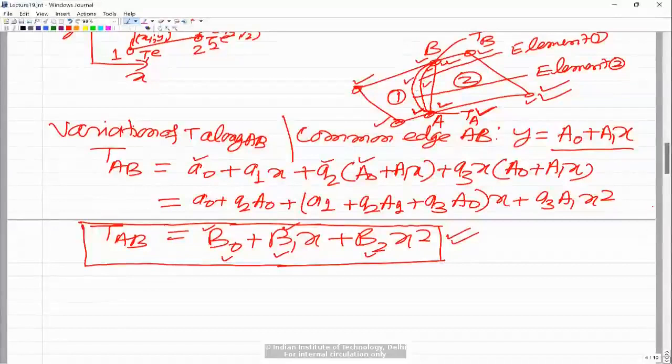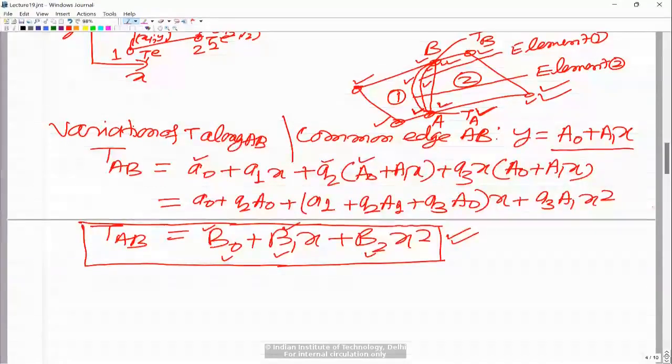So there is a difference in the temperature distribution predicted along line AB. That means the temperature distribution predicted from element 1 and element 2 is not the same along line AB for this arbitrary quadrilateral element, and therefore it does not satisfy the inter-element compatibility. That is what I said.